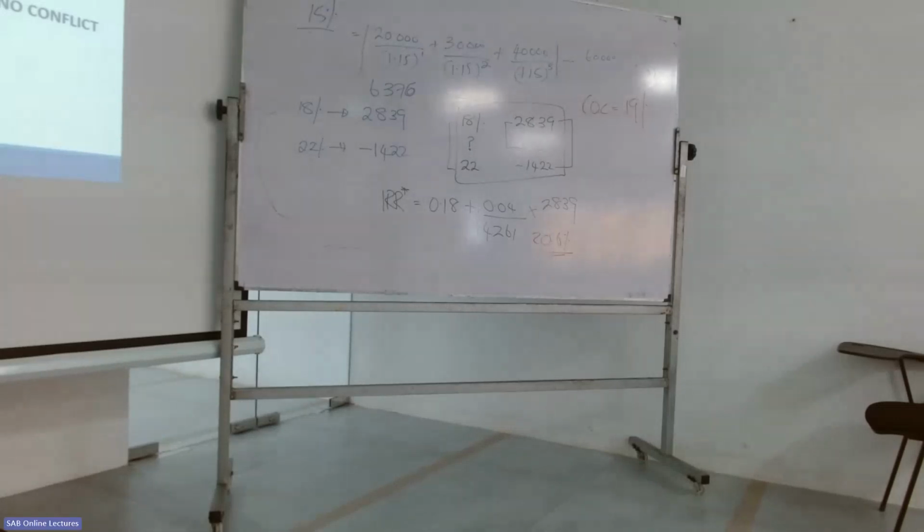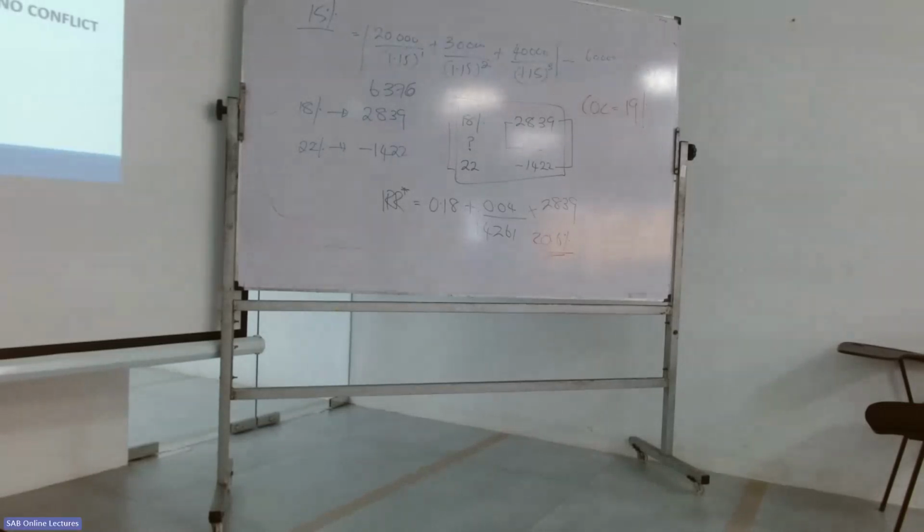At the 5% level, we are below the crossover rate. If we take the 5% rate, the NPV of project L is here. This is the NPV of the project S, which is lower than that. So NPV of project L is greater than NPV of S. How about the IRR?